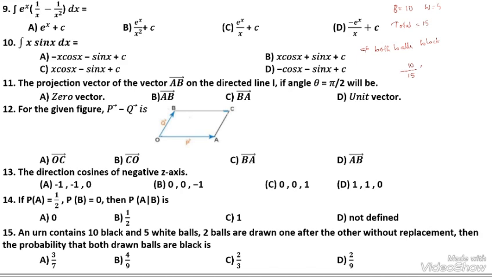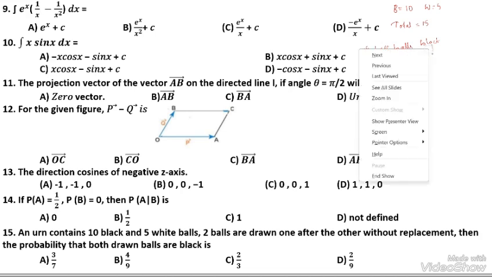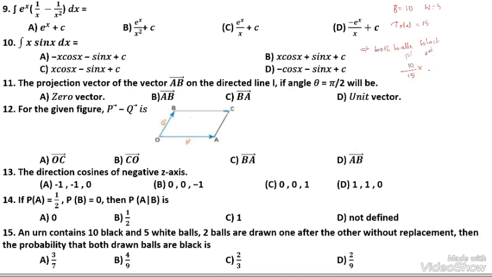Next, I can draw the second ball, also black. Already one ball is taken out. Then how many balls are left? 14. Out of 14 balls, we want the second ball also black. Already one black ball is taken out, so remaining will be 9 black out of 14. This is the probability.